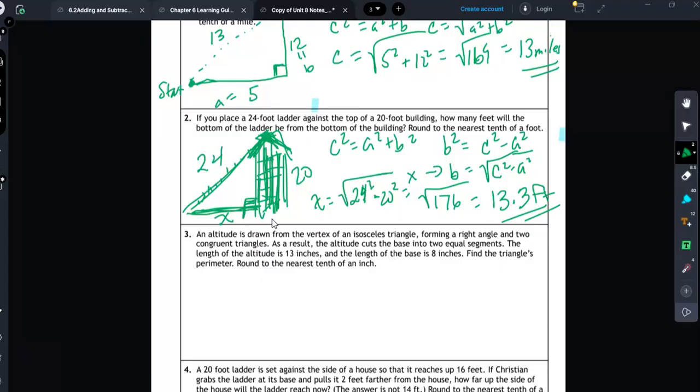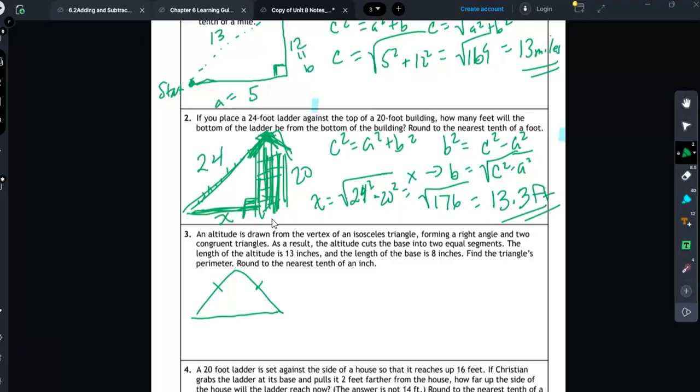Okay, 3 is a little different because we're talking about an altitude. So the definition of an altitude is it goes from part of the triangle and it goes to the opposite side and it forms a 90-degree angle. So we are talking about an isosceles triangle here. So let's say these sides are congruent.